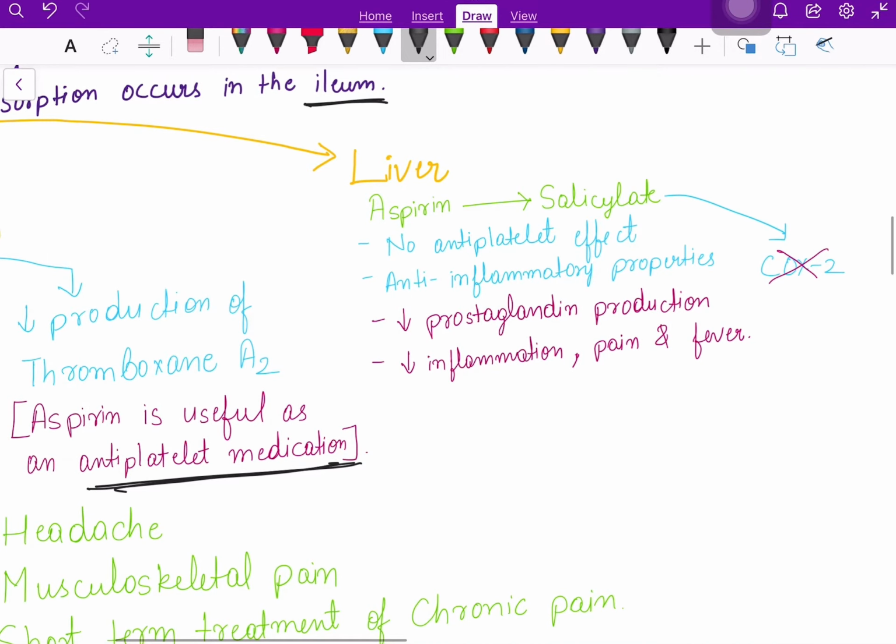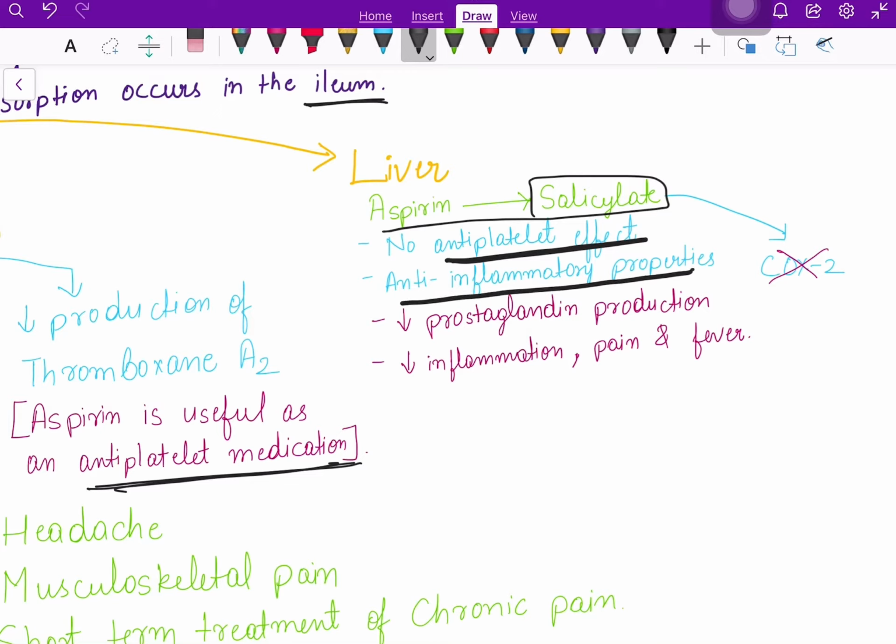When it goes to the liver, the aspirin gets converted into salicylate, and there it inhibits COX-2. But here there is no antiplatelet effect, but there are anti-inflammatory properties, and therefore it decreases the prostaglandin production, decreases the inflammation, pain and fever.